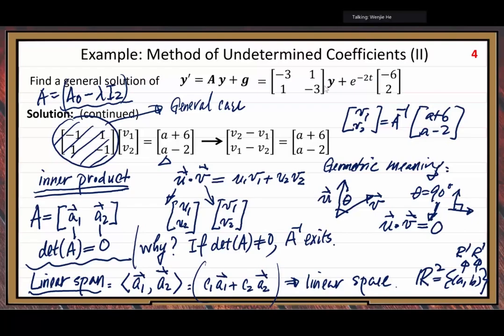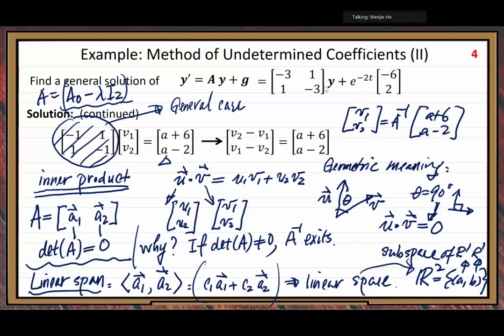Then this linear space is a subspace of the whole space. It's a subspace of R2, and R2 is the whole space. So it's smaller.